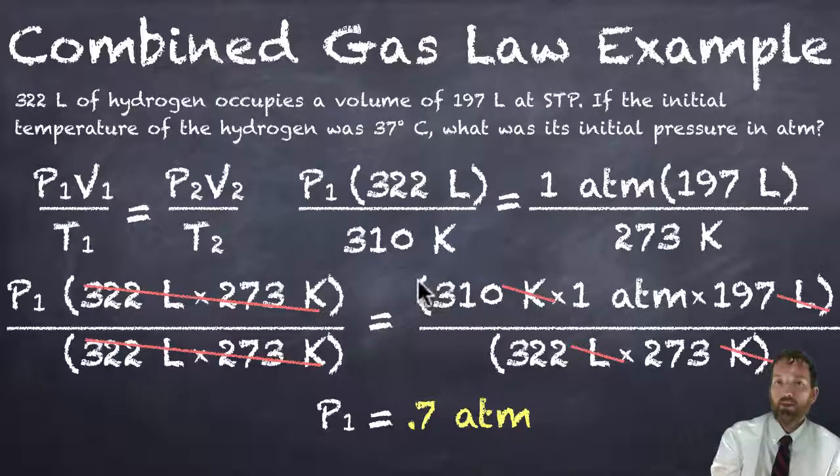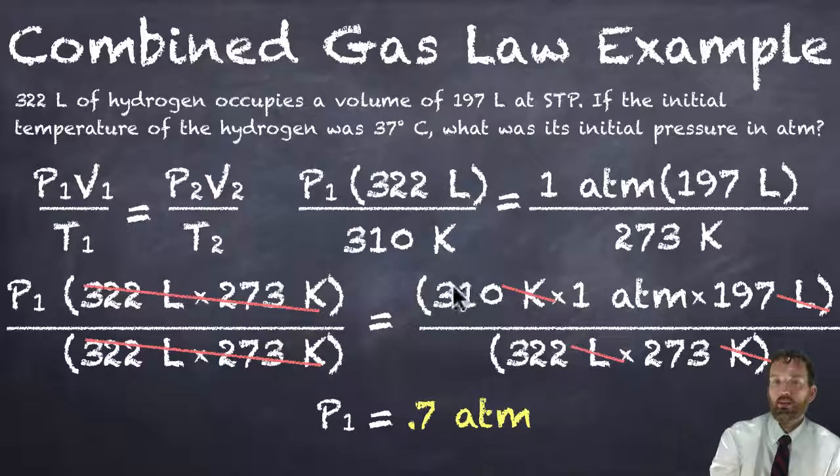So you can put everything in brackets, or you can just do the first line on its own. Open bracket 310 times 1 times 197 close bracket divided by open bracket 322 times 273 close bracket enter. Or you can do this whole line, enter, divided by this line in brackets, whichever way works for you.